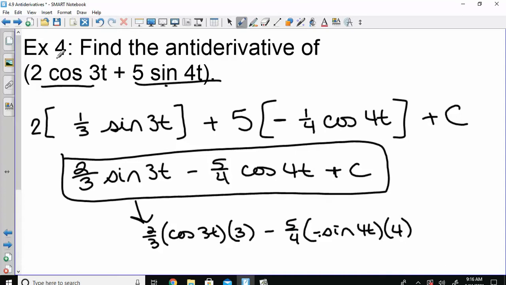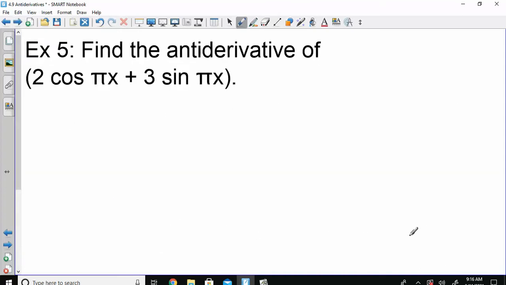Okay, so a very similar one. I want you guys to try this one. Remember, pi is just like any other number. So the antiderivative of cosine would just be a sine. Pi x stays, so we have to have a 1/pi.